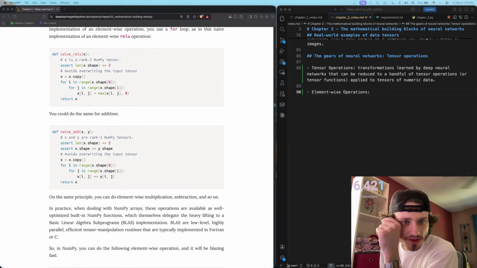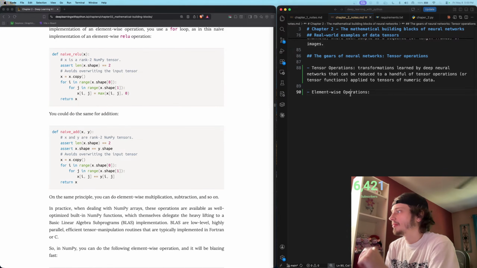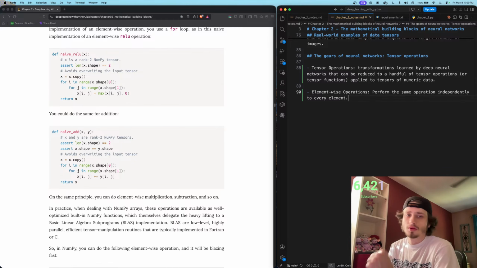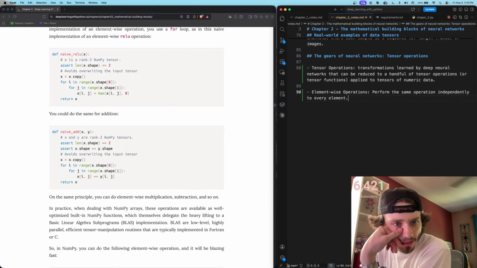Element-wise operations do the same operation independently to every element. Perform the same operation independently to every element. No complicated geometry or matrix multiplication yet, just matching entries one by one.